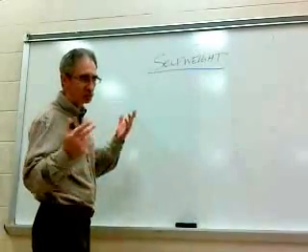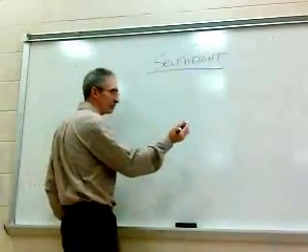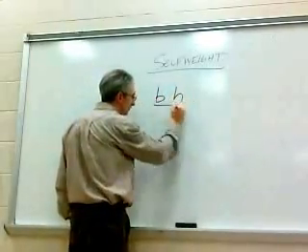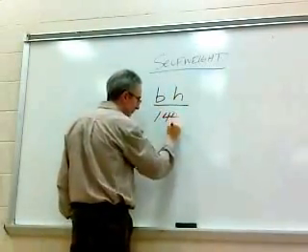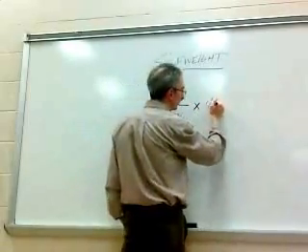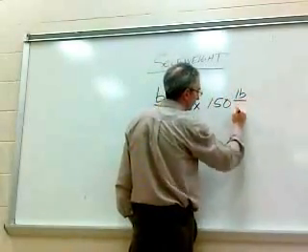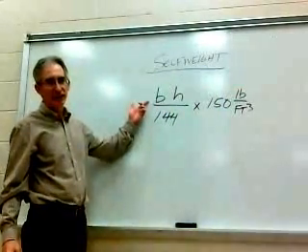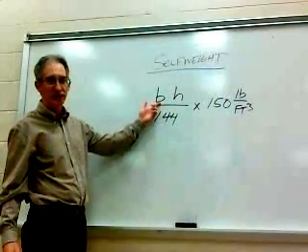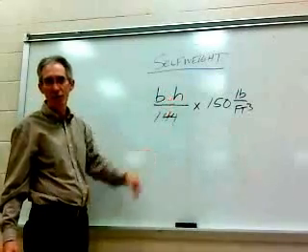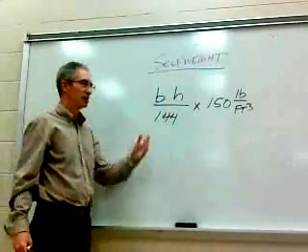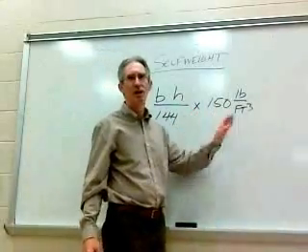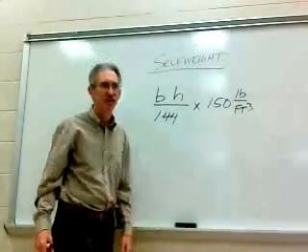How do you calculate the self-weight of a beam? It's a real simple formula. The formula is width of the beam times the overall depth of the beam, B times H, divided by 144, times 150 pounds per cubic foot.